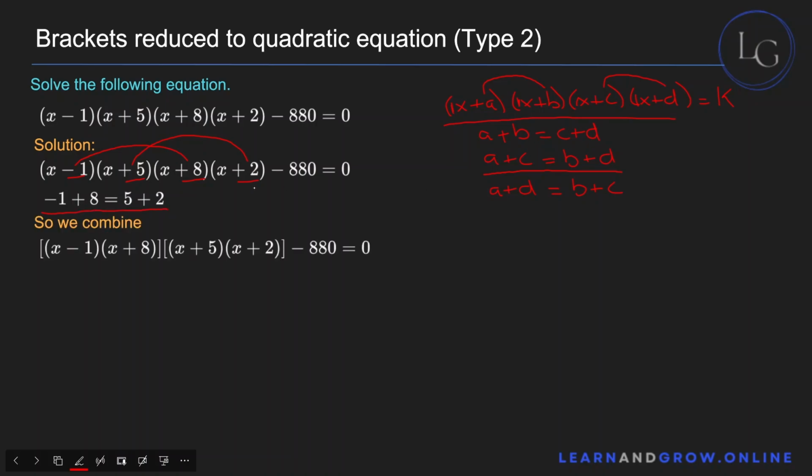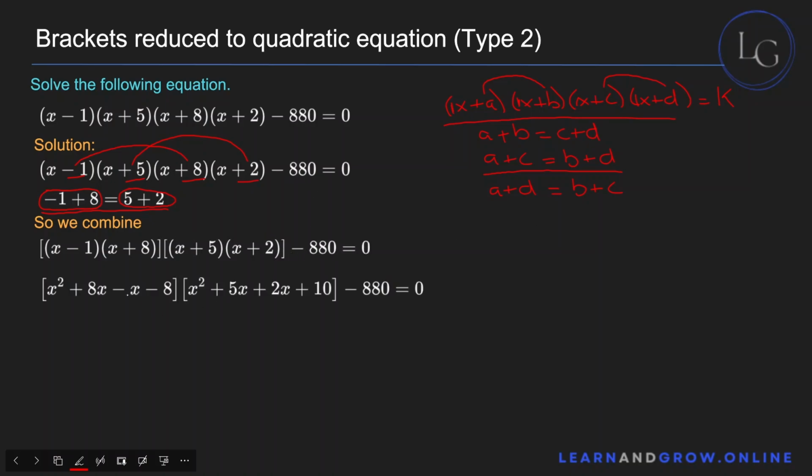So what we'll do now is we'll combine this side and this side. So x minus 1 and x plus 8 will be multiplied in one bracket, and x plus 5 and x plus 2 will be multiplied in one bracket, and then this constant will remain as it is.